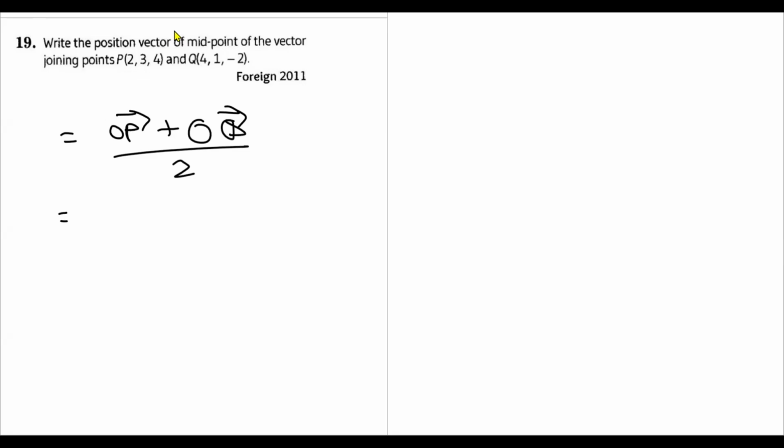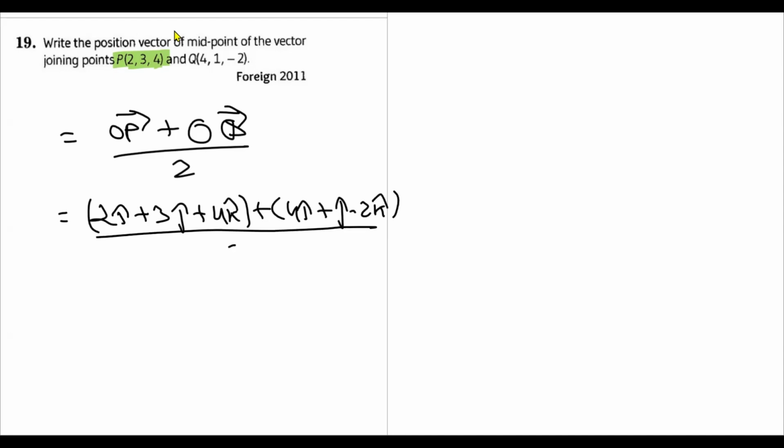So OP vector I can figure out from here. The position vector OP should give you 2i plus 3j cap plus 4k cap, and plus OQ vector, as I can see from there, is 4i plus j cap minus 2k cap, and that whole divided by 2.